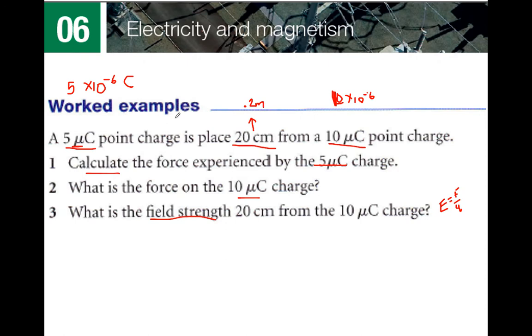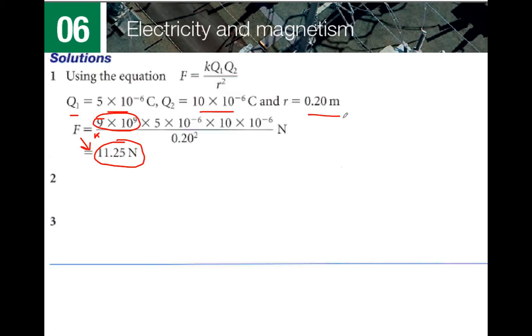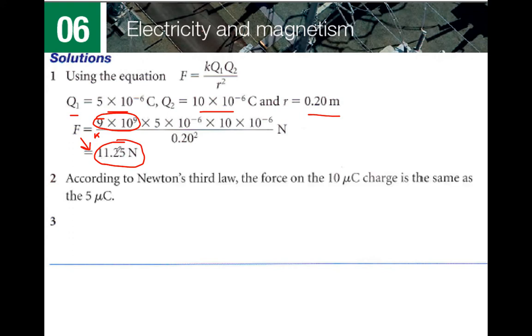Now, question 2 says, what is the force on the 10 microcoulomb charge? We just figured out what the force was on the 5 microcoulomb charge, but now it wants to know what is the force on the 10 microcoulomb charge. So a lot of people are just going to times this by 2. That would be incorrect because we have to remember about Newton's third law that says for every action there's an equal but opposite reaction.